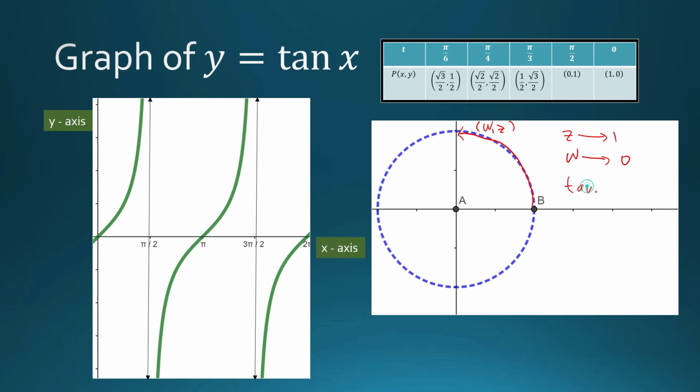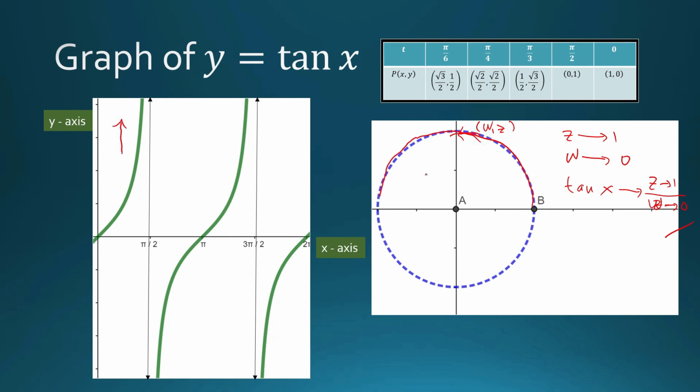When we compute for tangent of x, the numerator approaches 1 and the denominator approaches 0. What happens when you divide 1 by something that is approaching 0? Well, the resulting value of your tangent function approaches positive infinity because you are in the first quadrant.